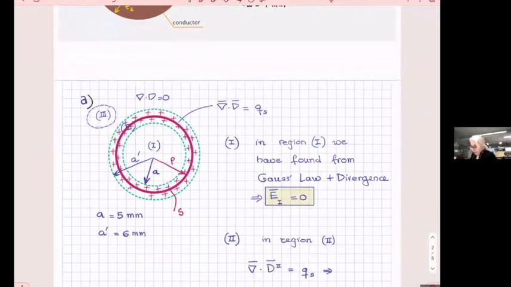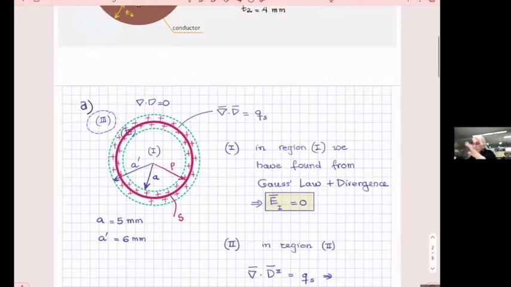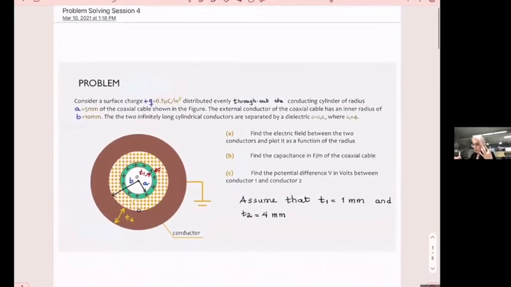Now, you need to remember that because this problem has cylindrical symmetry, and it's an infinite cylindrical structure, infinitely long, but I consider a given length for that, L, for example.